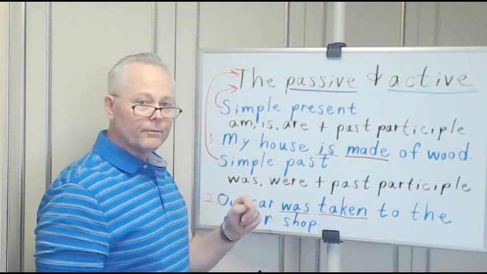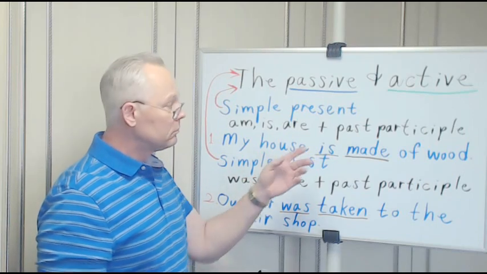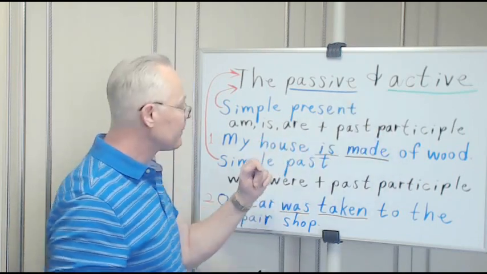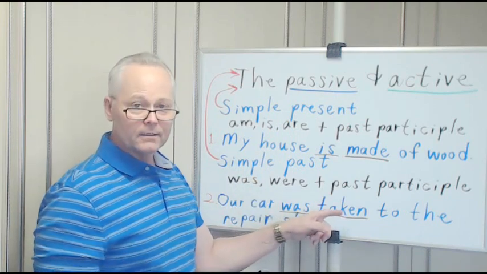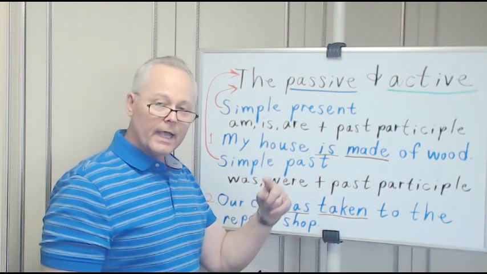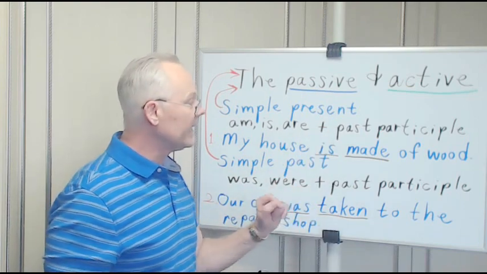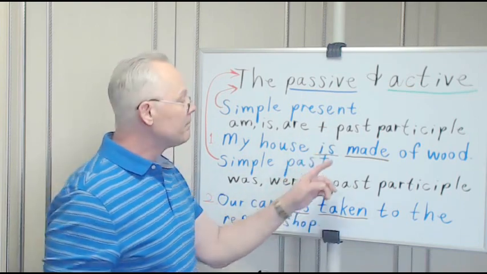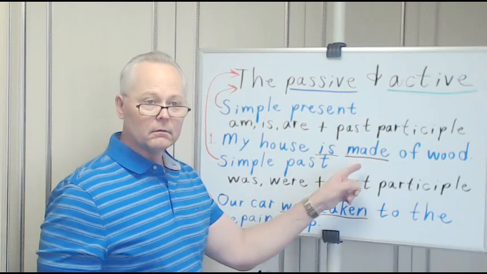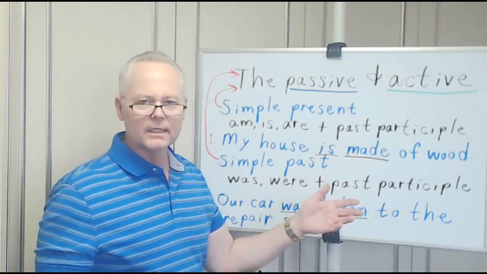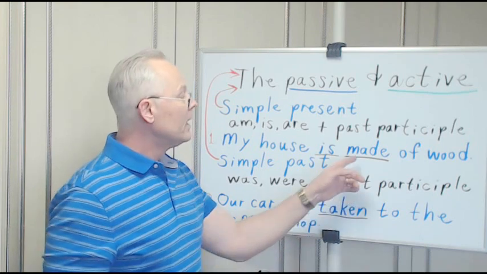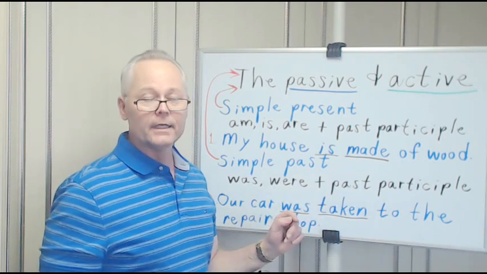The past participle for go is gone. Okay? We have the word taken. Take, took, taken. The past participle, take. We have make, made, made. Exceptions, English, right? The past participle for make is made.